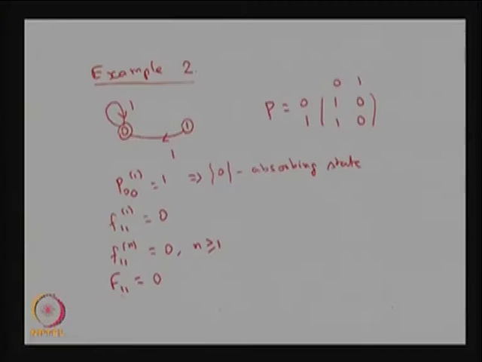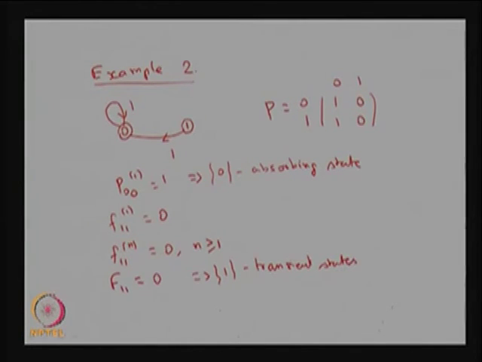So, here with probability 0 the system is not coming back to state 1 if it starts from state 1. This is always a conditional probability, and f 1 1 equal to 0 implies state 1 is a transient state.